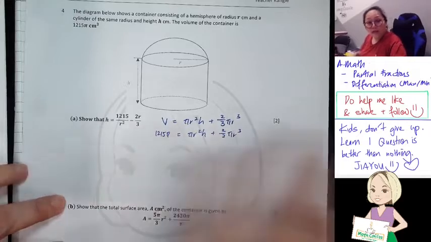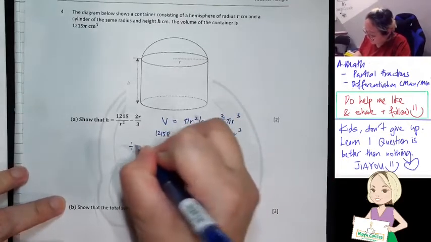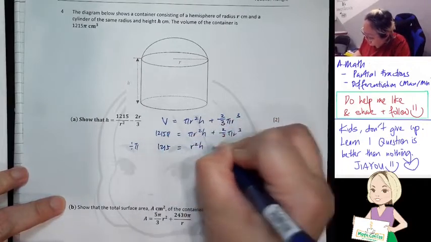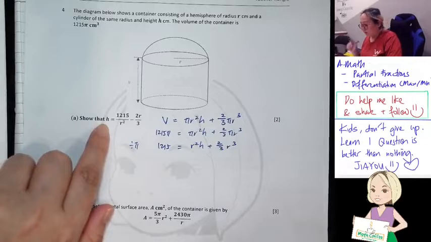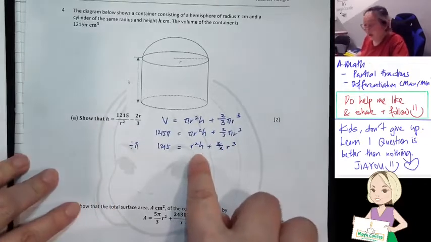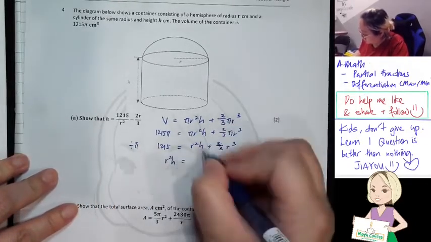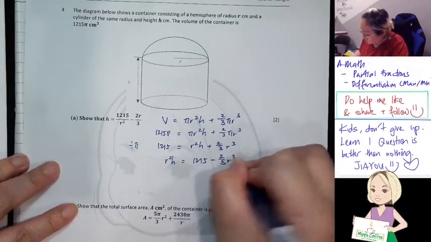All 3 terms have pi, so you divide by pi. I have 1215 equals r square h plus 2/3 r cubed. Your task is to make h the subject. So I make r square h the subject first. r square h equals 1215 minus 2/3 r cubed.